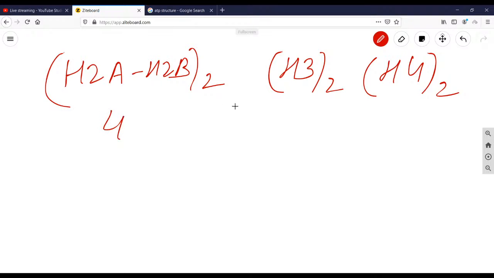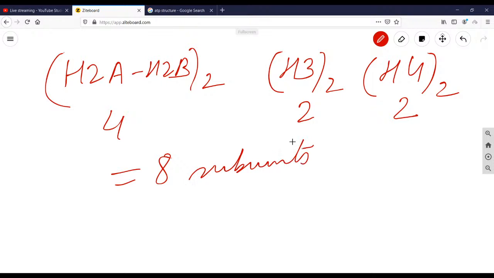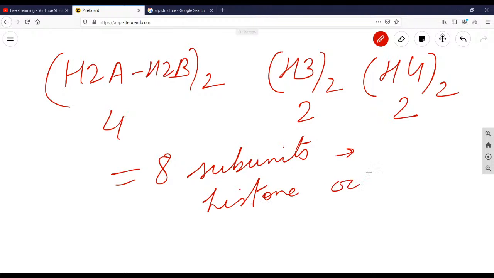So this is a total of 4 subunits, 2 subunits, 2 subunits, so a total of 8 subunits. This is known as a histone octamer, which is formed by only the core histones.